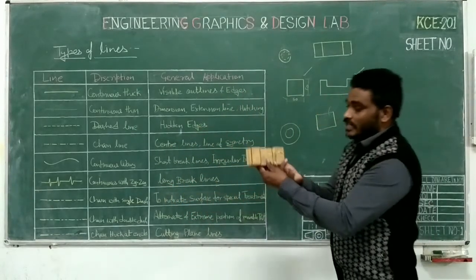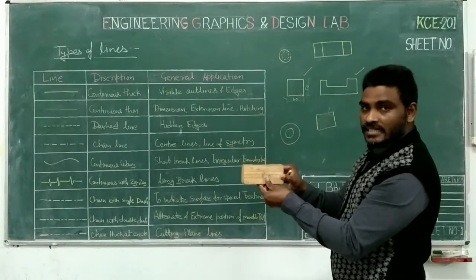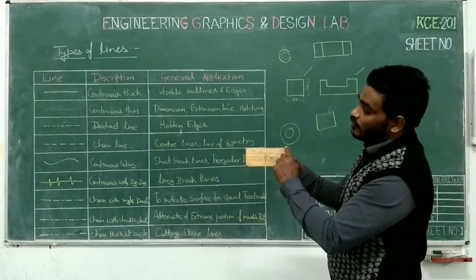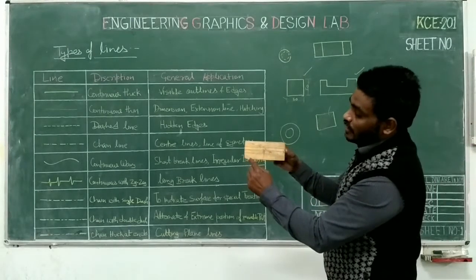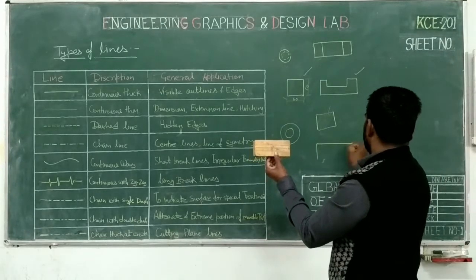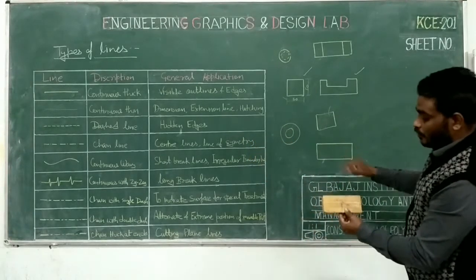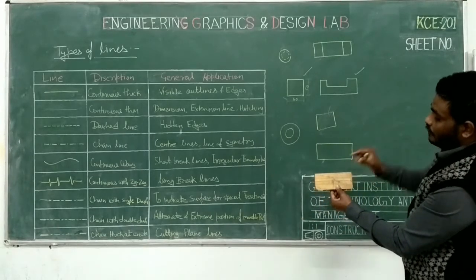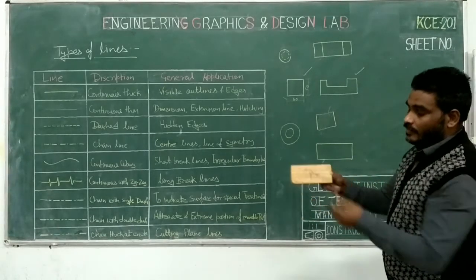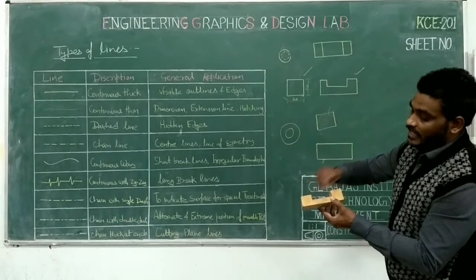And suppose the same object, if we place it like this, in this case what will happen, from the front we are able to see these edges. So in this case we will draw this portion because this is visible, but if the object is placed like this, we are not able to see this portion, these edges.